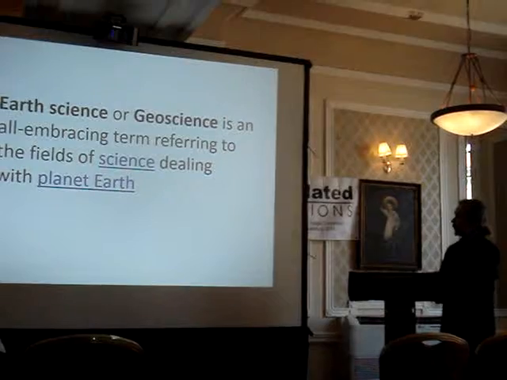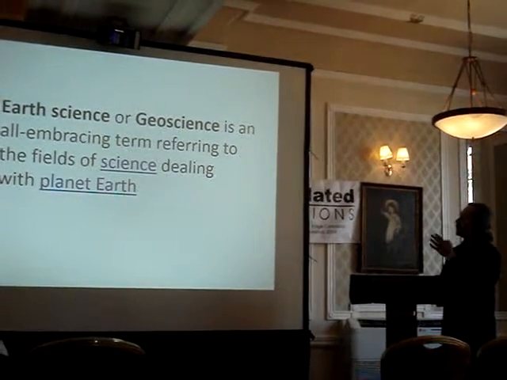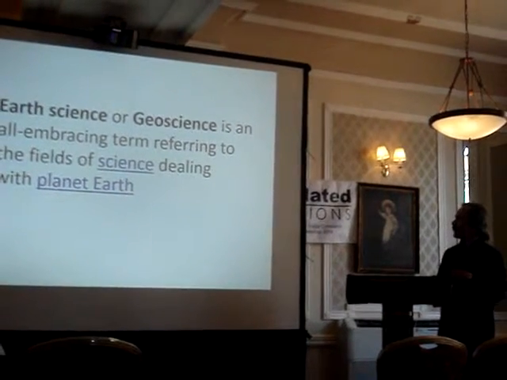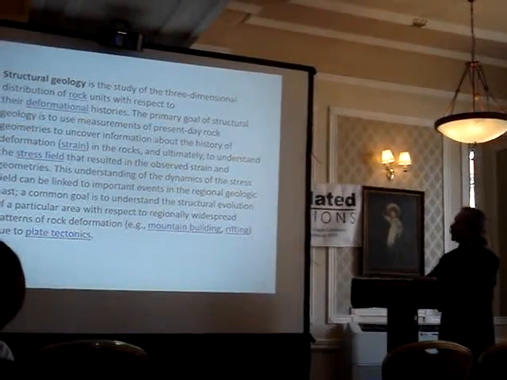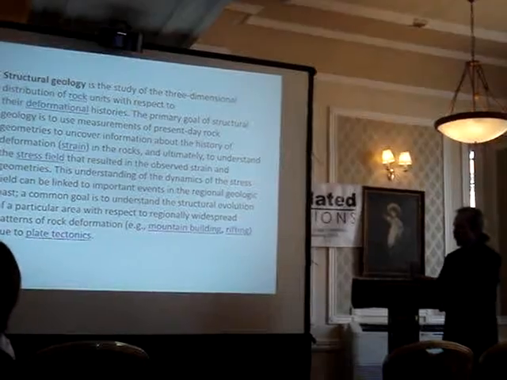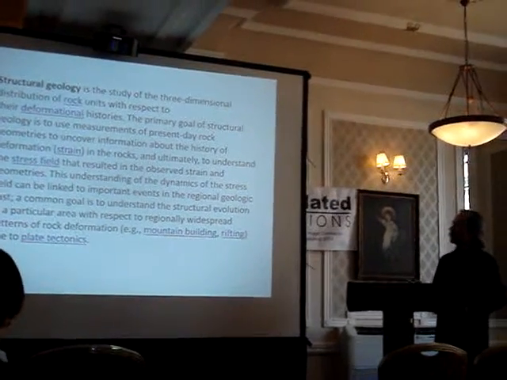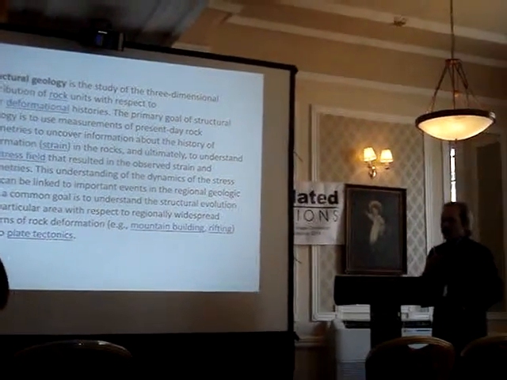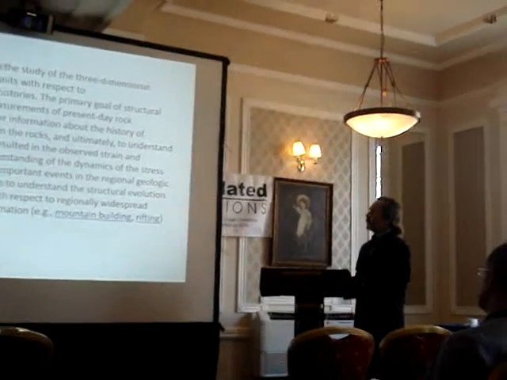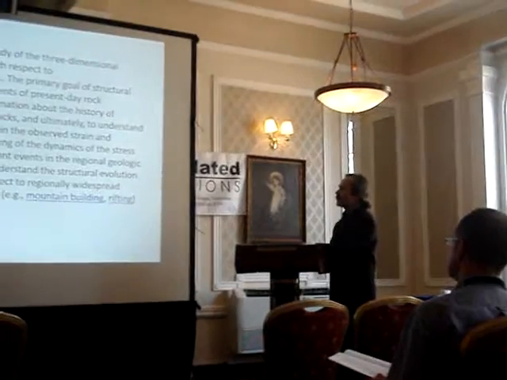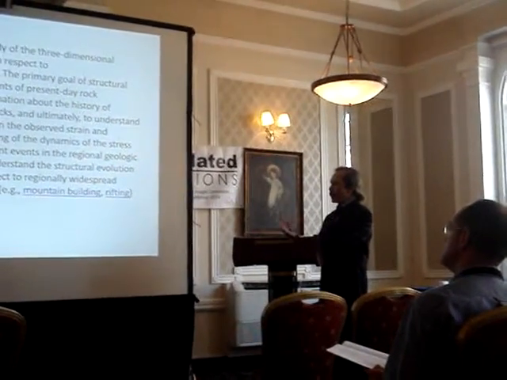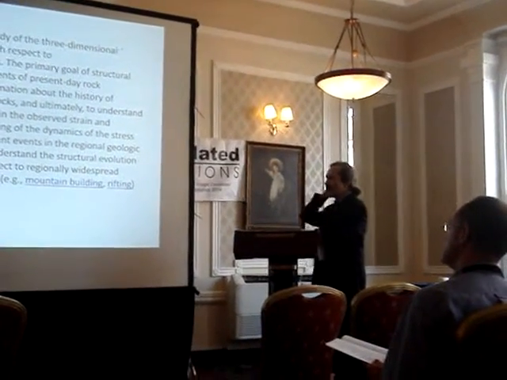So what is earth science or geoscience? It's an all-embracing term referring to the fields of science dealing with the planet. There are many branches of earth science, or we can call it geology, which I am a geologist, not a geophysicist. Structural geology deals with deformations, structures, and the motions of the crust mainly.